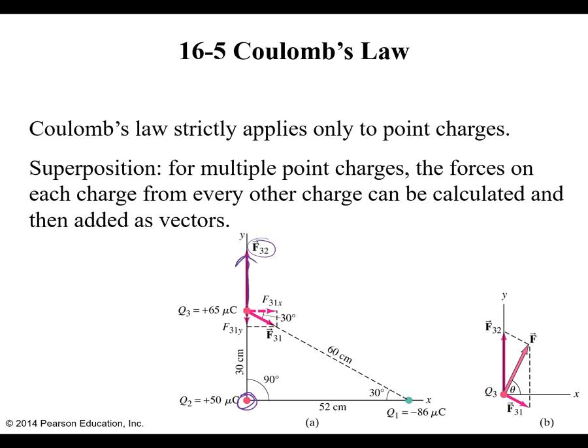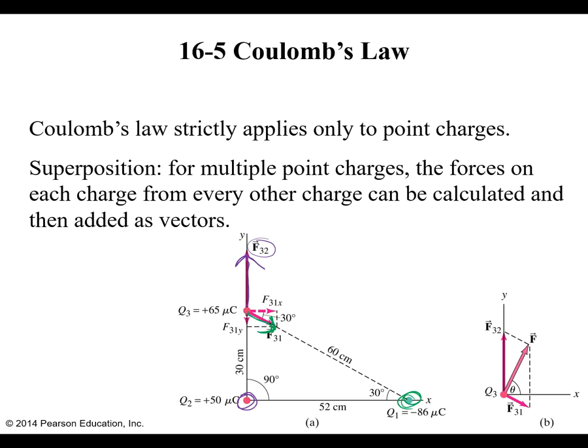And that's already drawn in here for you. We also have charge 1 down here on the bottom right. That's going to have an effect on charge 3. Charge 1 is negatively charged. Charge 3 is positively charged, which means that they are going to be attractive. So there's a force that pulls them together.